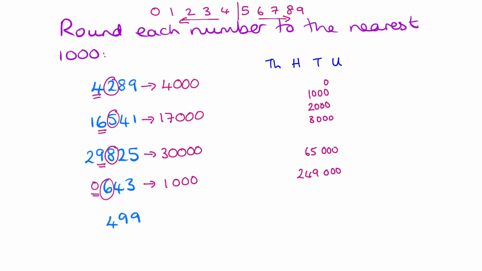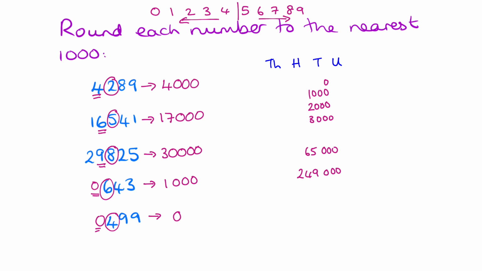But when we look at 499, again, we've got no thousands, and the 4 tells us whether to leave it at no thousands or move it up to 1,000. And because 4 is in this left-hand set here, then we have to leave the 0 as a 0. So it's just no thousands, which is just 0.